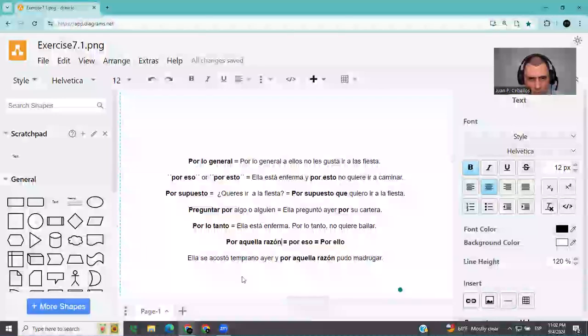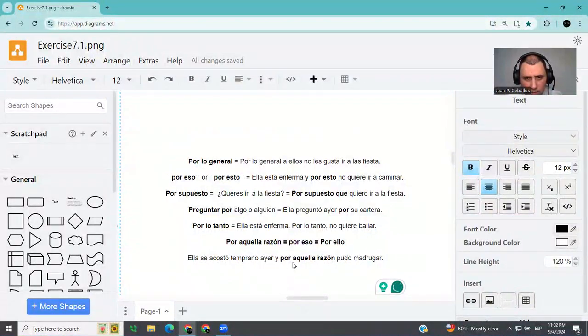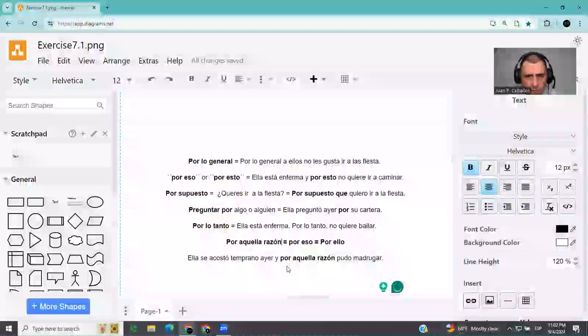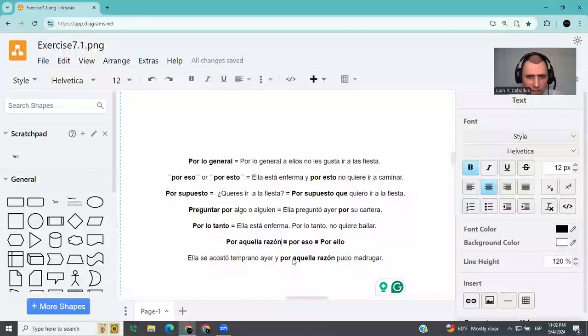She went to sleep yesterday, and this translates almost exactly as in English: and for that reason, she was able to wake up. Yeah, the expression is por aquella razón. That's better.